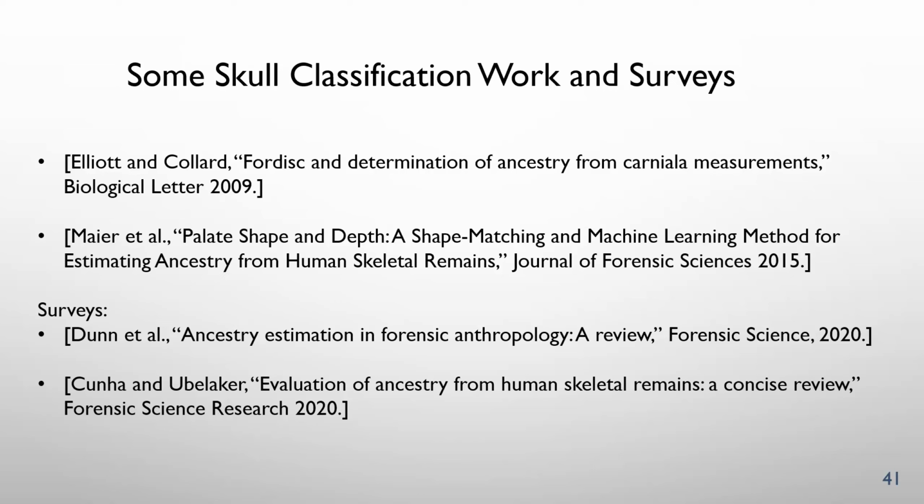I also list some recent surveys on this work. In any case, skull classification, if we could have plenty of data, is nothing special. We just incorporate certain features and then use them to build the system.